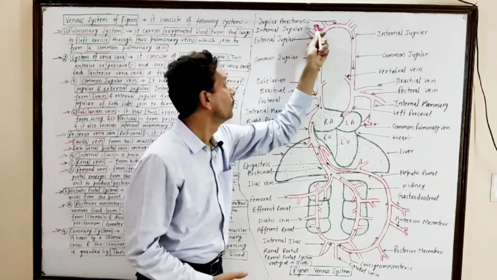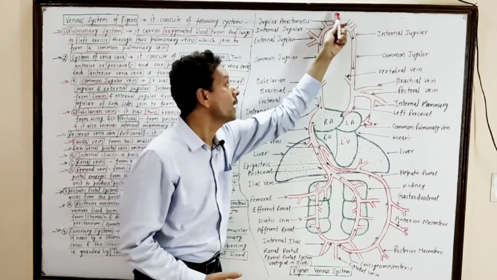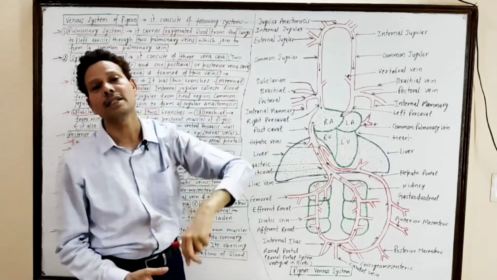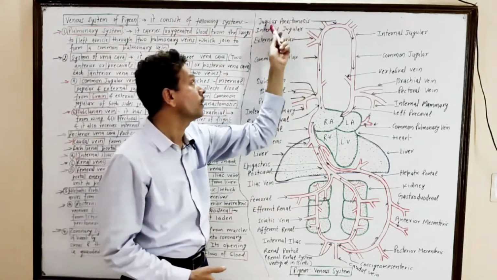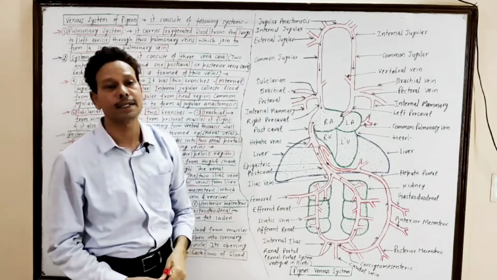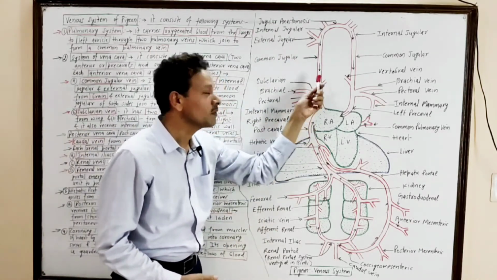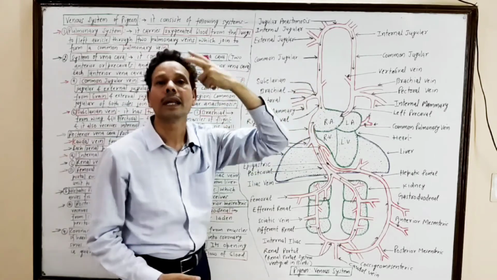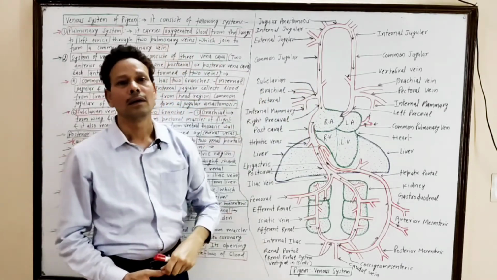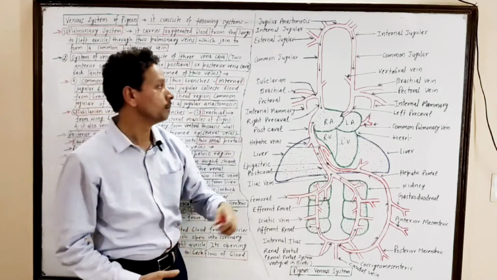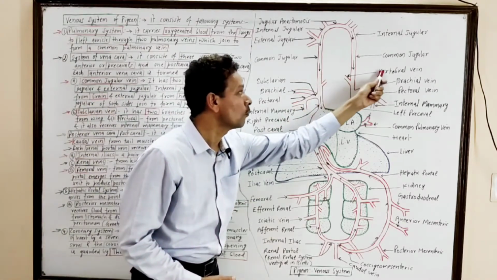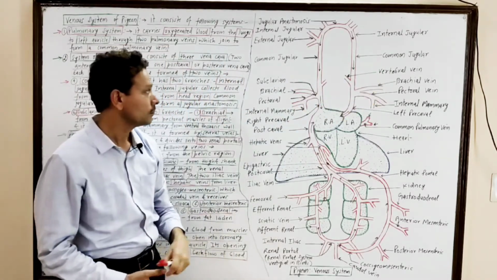Both sides of the internal jugular unite to produce a network in the skull region, in the head region, and that network is jugular anastomosis. This common jugular also receives blood from the neck and cervical vertebrae, and these blood vessels are vertebral veins.